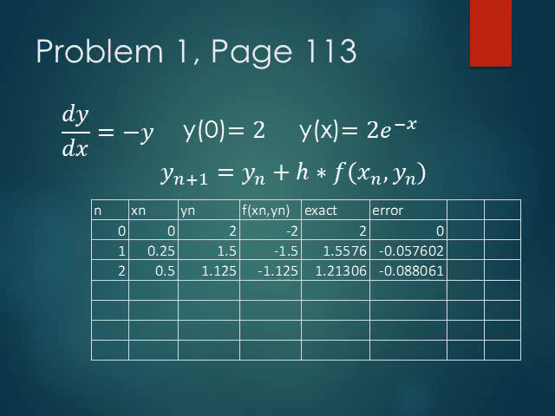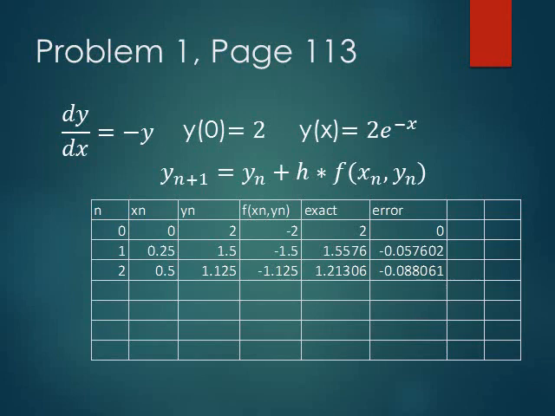So now what I'm going to do is add h, which is 0.25, to x, and I get my new x position. So how do I get my new y position? Well, to do that, I apply this Euler's method up here. So my past y is 2 plus my h, which is 0.25, times my slope. Well, my slope at my past location here is minus 2.